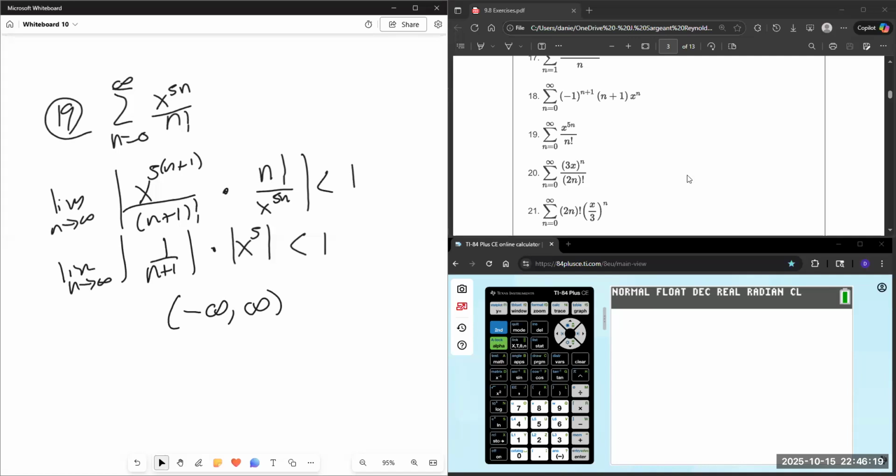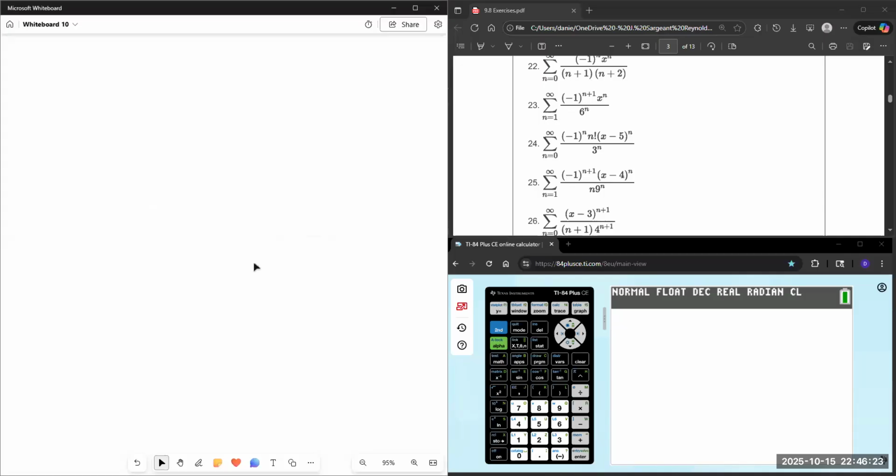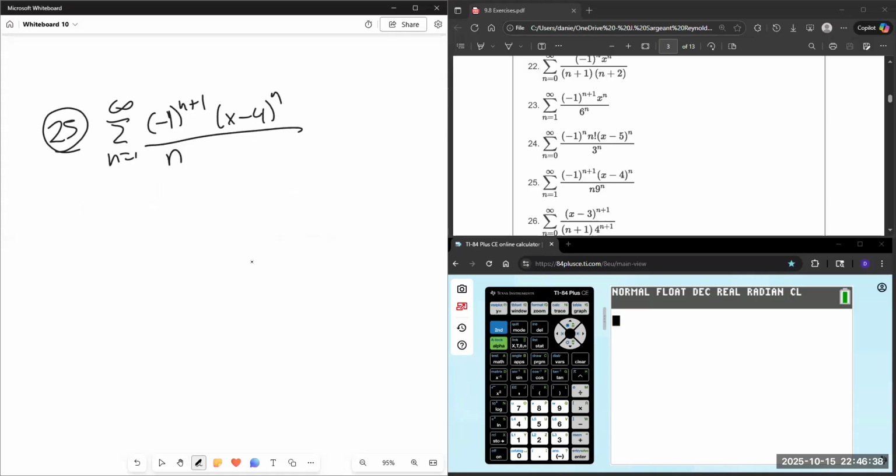Let's look at number 25. Summation n equals 1 to infinity, negative 1 to the n plus 1, x minus 4 to the n, over n times 9 to the n in the denominator.